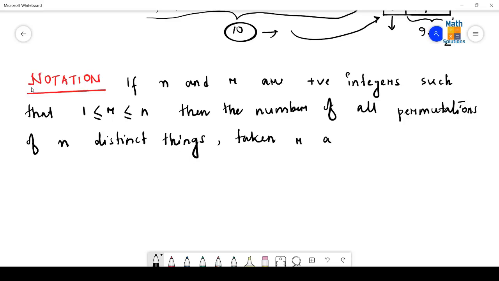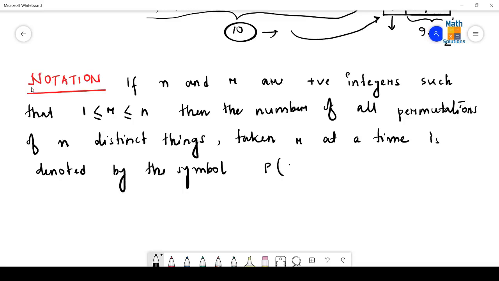Taken r at a time is denoted by the symbol P(n, r), or we can write it like this, nPr. Actually it is read as P n r, permutation of n and r.